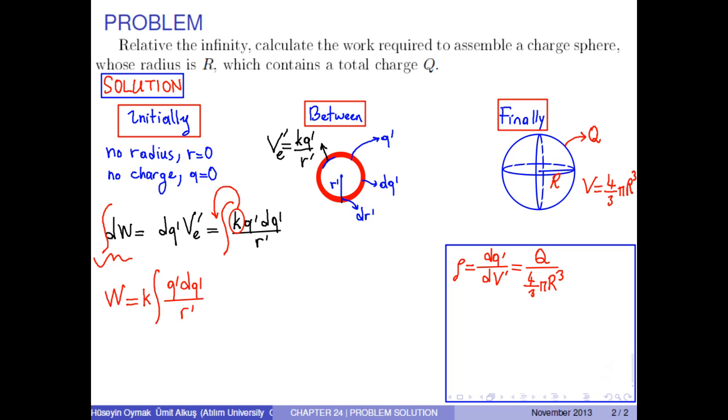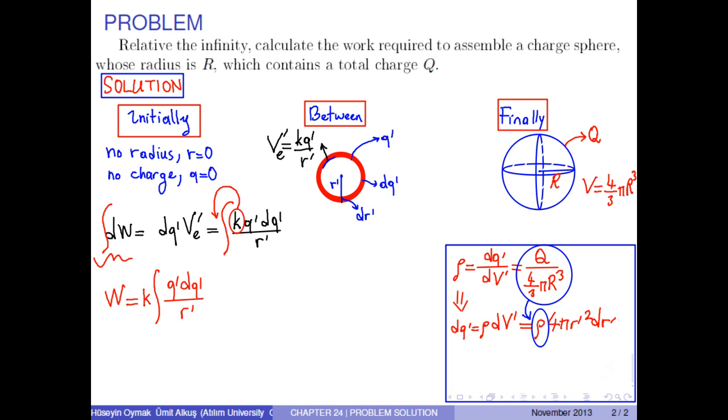From the first equality, dq' can be expressed as ρ times dV'. dV' can be written as 4 pi times r' squared dr'.